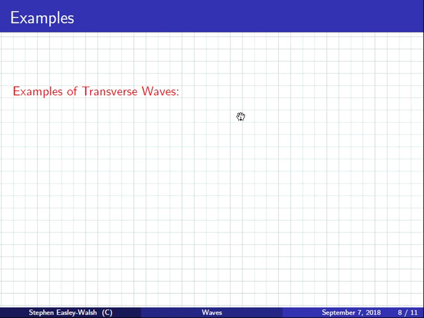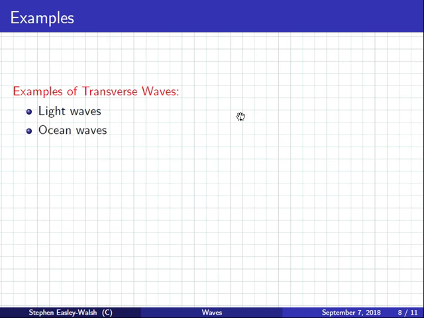So the other thing which they sometimes have in the exam is they want examples of each wave. So transverse wave. Which one is the transverse? The perpendicular or the parallel? Perpendicular one. So that's the wave that goes like this. Okay. So some examples of this type of wave. Light. The light moves this way. Ocean wave.